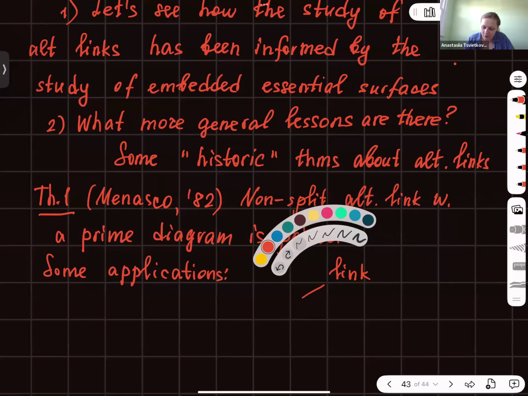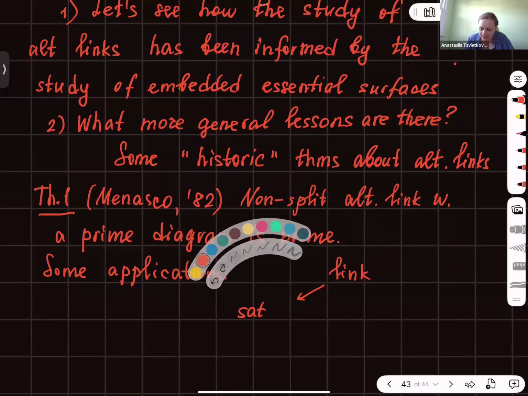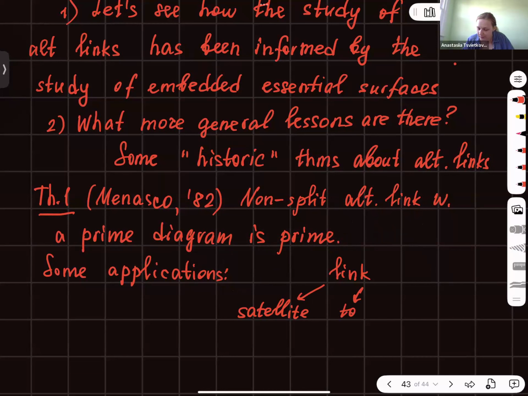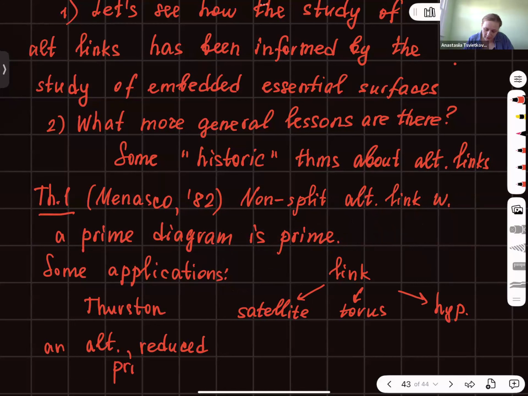Thurston proves that whenever you have a link, you get a satellite link, or a torus link, or a hyperbolic link, roughly. If you have an alternating diagram which is reduced and prime, then if the link is prime, the diagram must look prime.